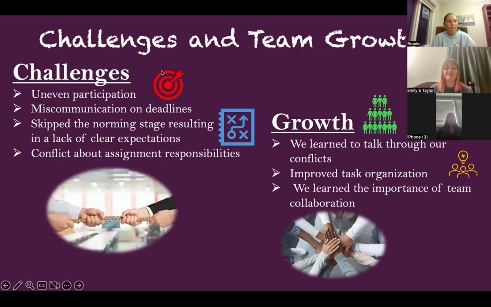And then improved task organization was something that we definitely saw get better throughout our weeks. And then we learned the importance of team collaboration and not just relying on one person to get everything done.